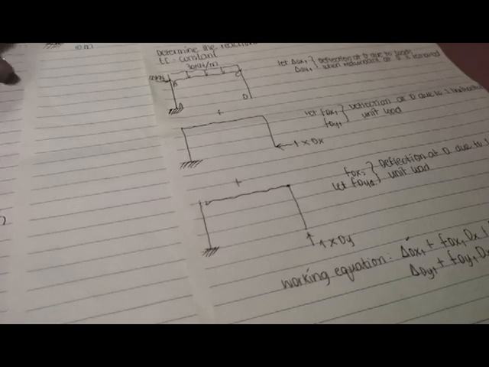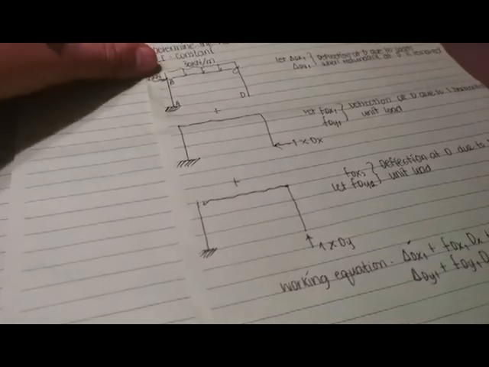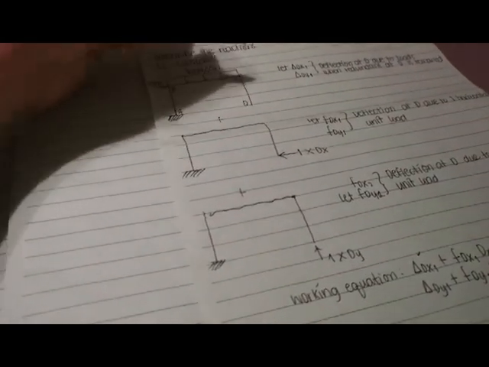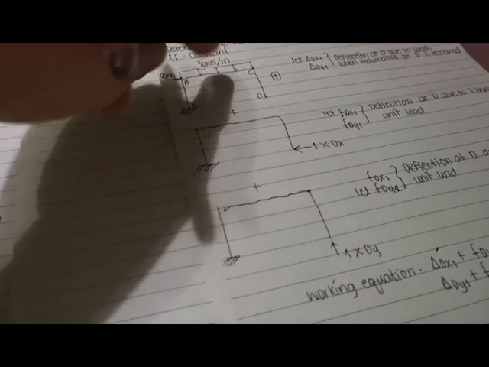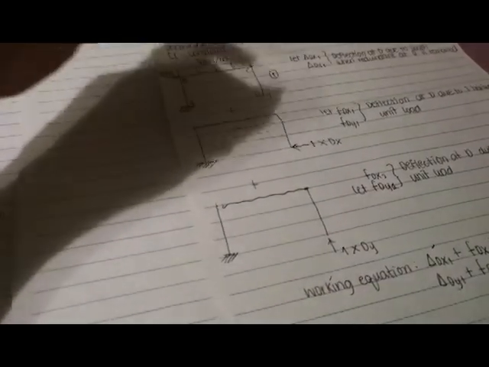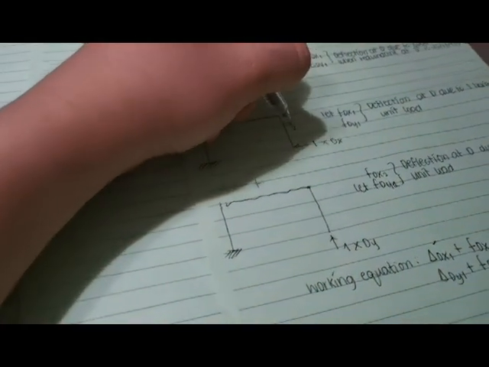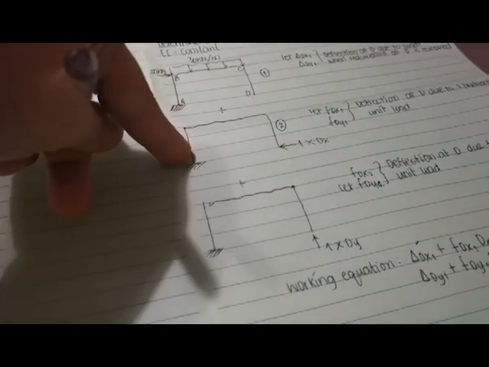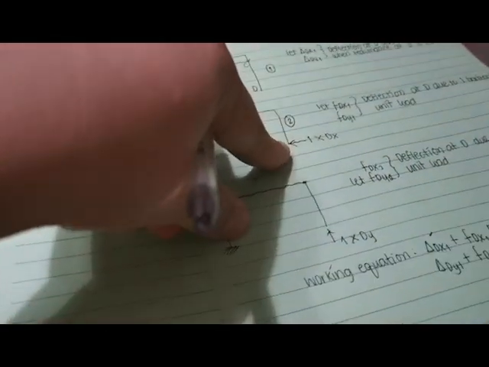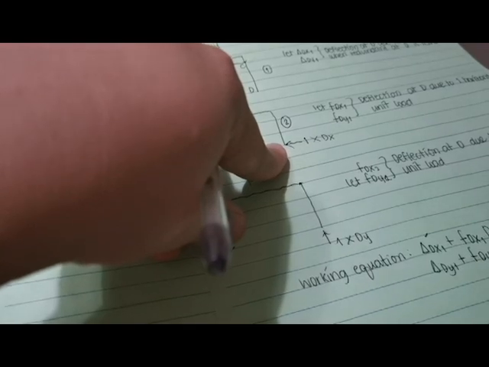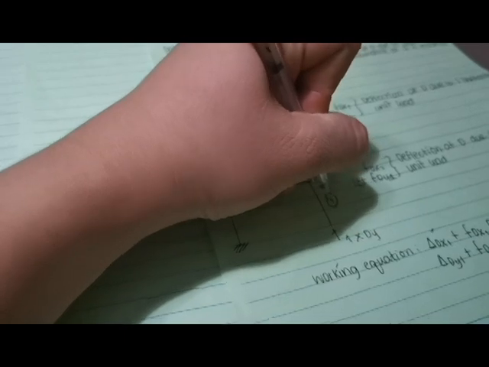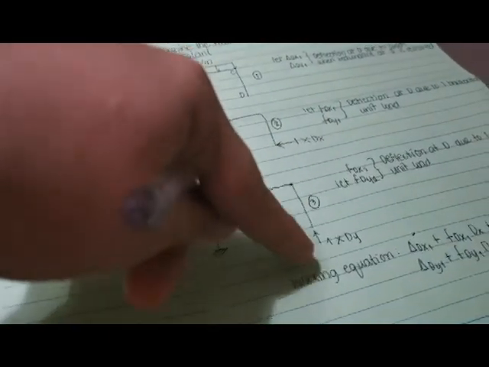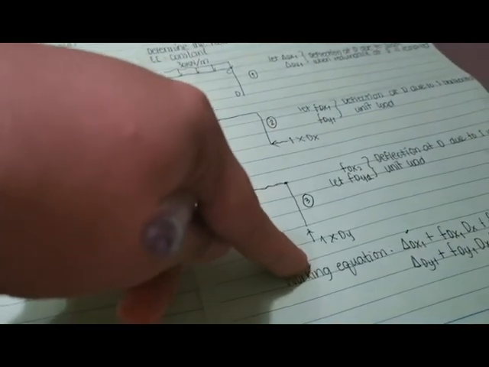So for our frame analysis, allow me to classify this as frame number 1, the primary frame with our original loads. Next, frame number 2 for the primary frame with the horizontal unit load, and frame number 3 for primary frame with vertical unit load.